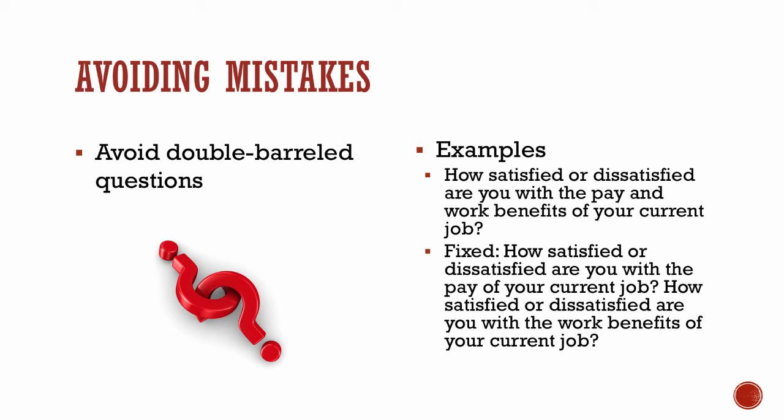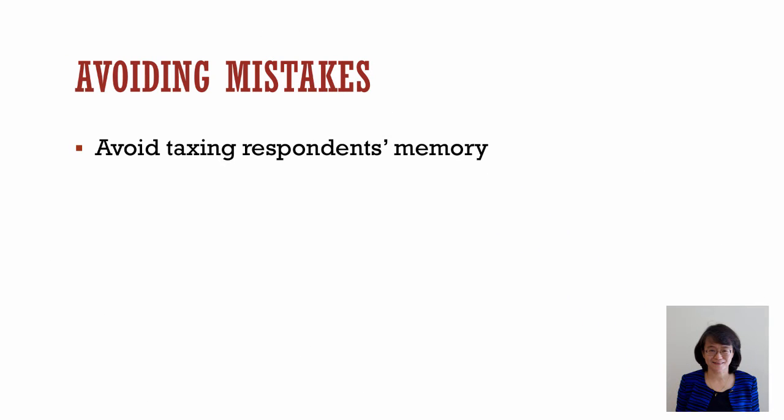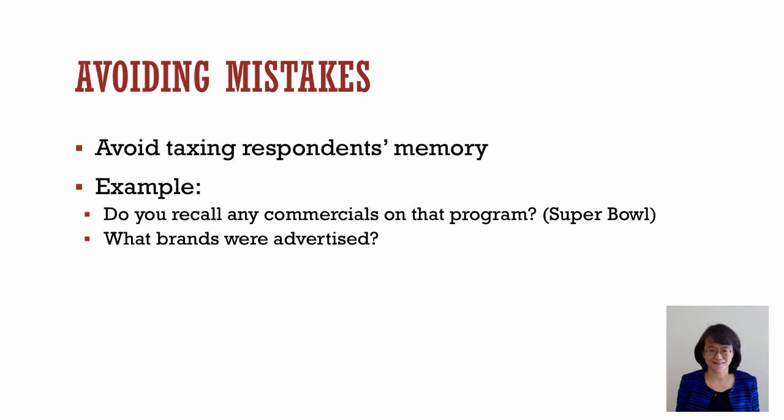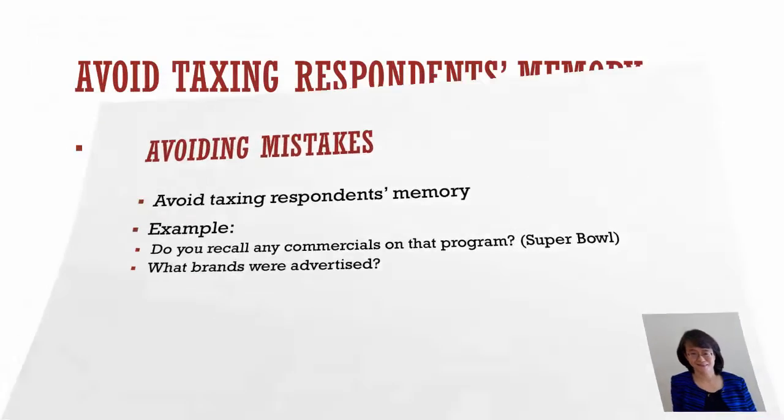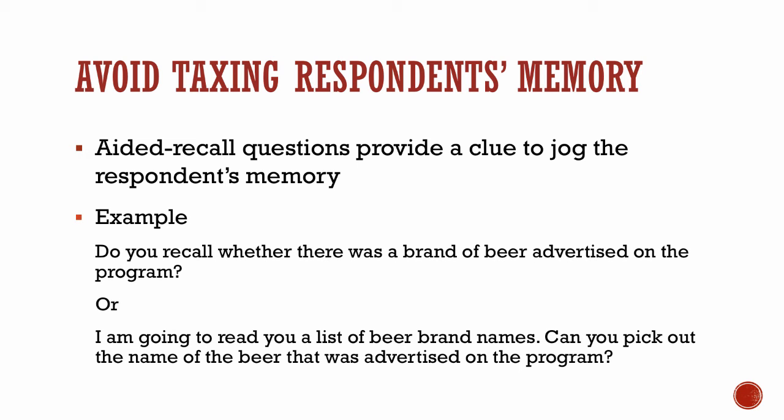By keeping each question short and stated with simple, concrete terminology, these problems can be reduced. Researchers who ask respondents about past specific behaviors should consider giving some sort of assistance to prime memory. Here are examples. Or employ aided recall questions. Here are the examples.